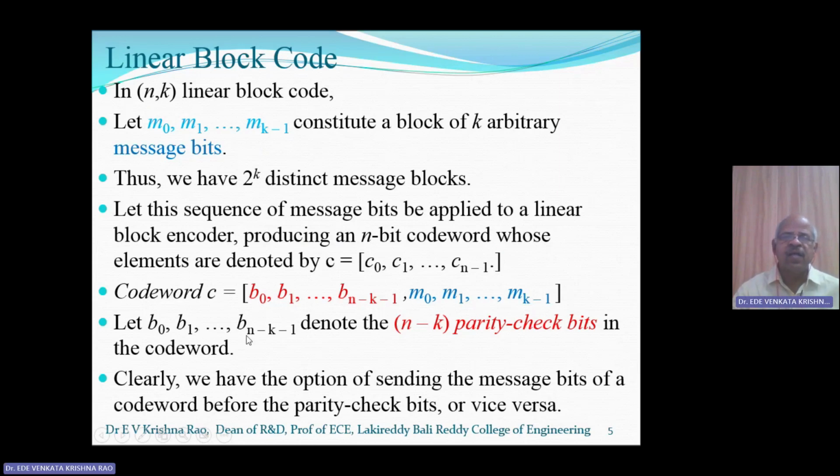There are 2 power k distinct message words. If there is a 4-bit message word, there are 2 power 4, that is 16, message blocks, so we can generate 16 code words.